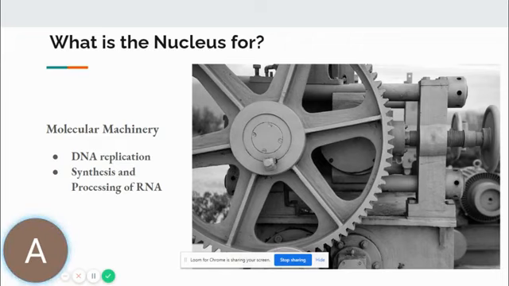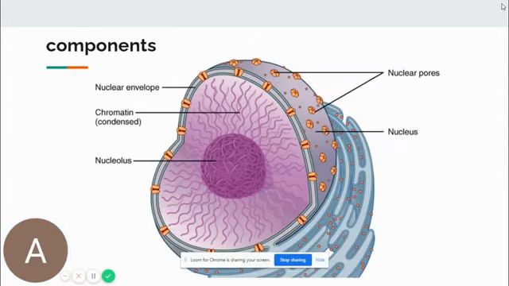RNA is sent out into our rough endoplasmic reticulum for processing, where proteins are eventually made, sent to Golgi bodies and so on, and they are released or used either within the cell or sent to the extracellular environment.